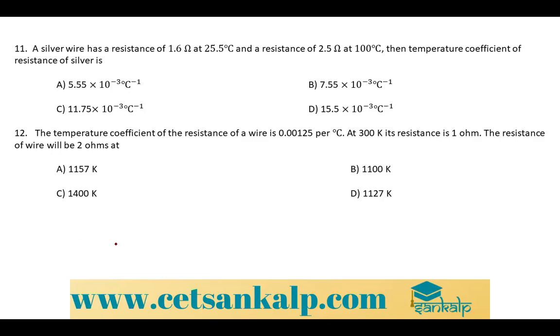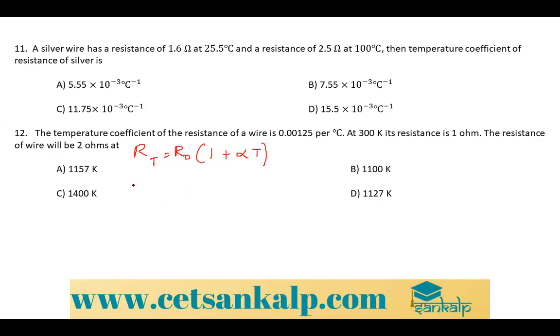Now, if the resistance is 2 ohm, what is the temperature they are asking? Okay, so to understand, we have one particular formula: RT is equal to R naught (1 plus alpha T).